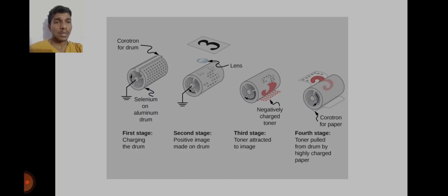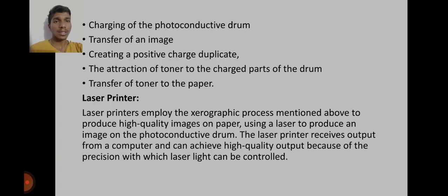In the second step, the positive image is made on the drum by placing a lens on it. Then toner is attracted to the image, and the toner is pulled off onto highly charged paper, like applying a tattoo. The steps are: charging of the photoconductive drum, transfer of an image creating a positive charge duplicate, attraction of toner to the charged parts of the drum, and transfer of toner to the paper. These are the steps involved in xerography.